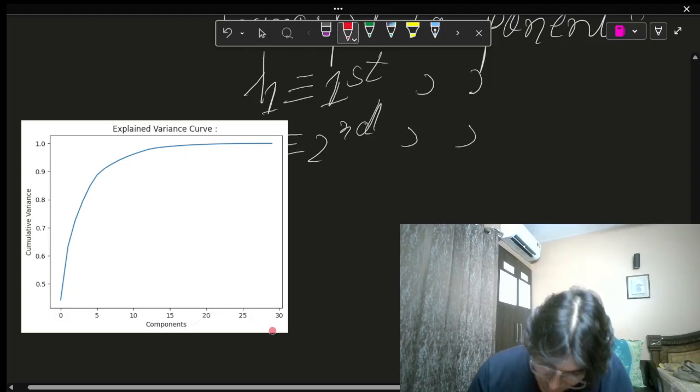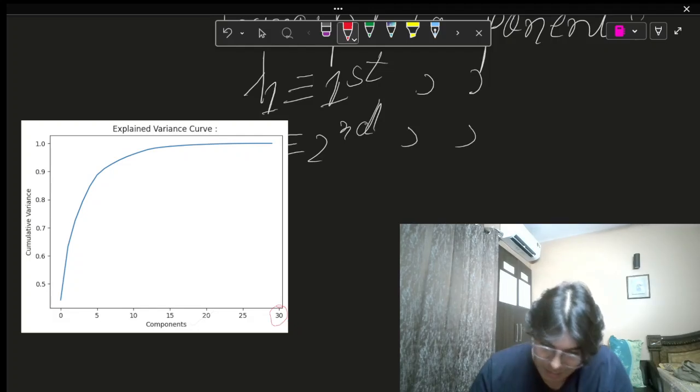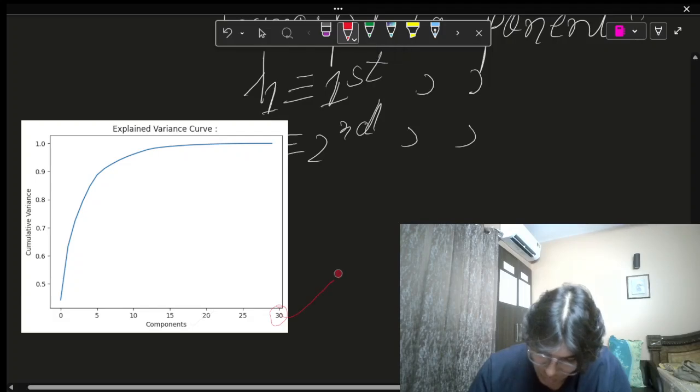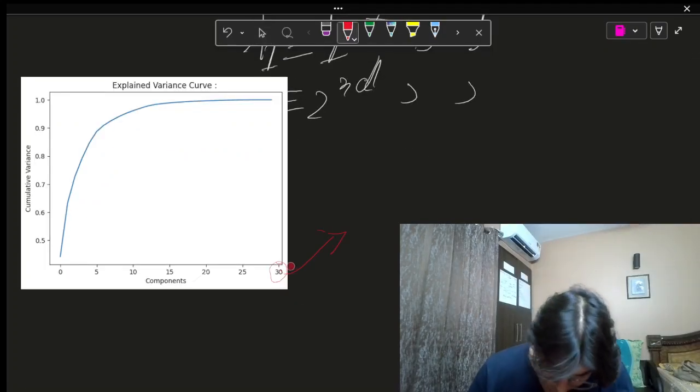So this means 30, we have got 30 features right here.